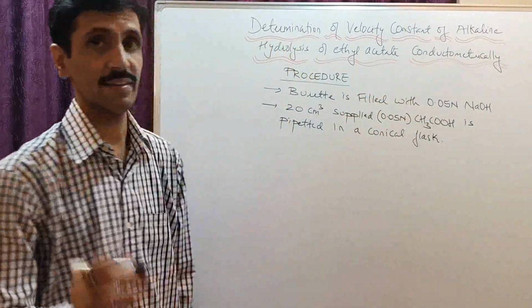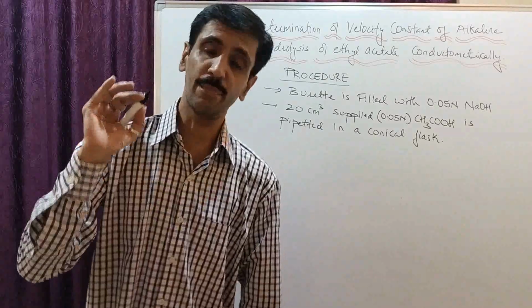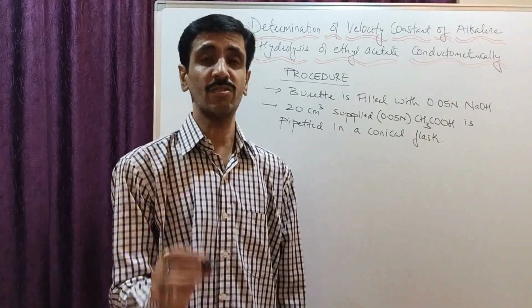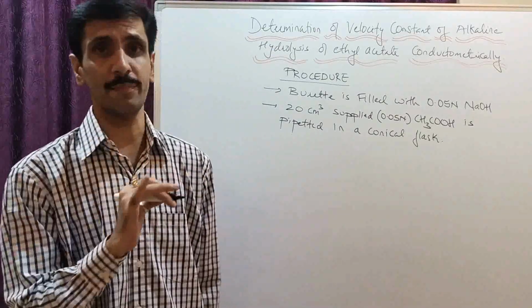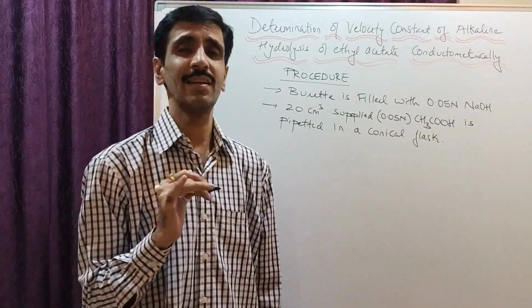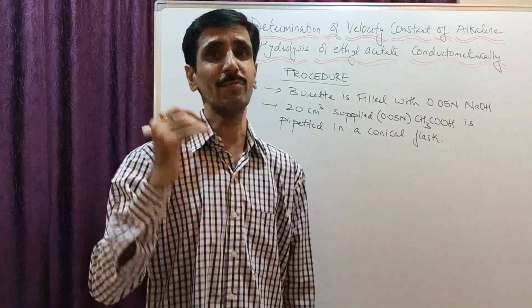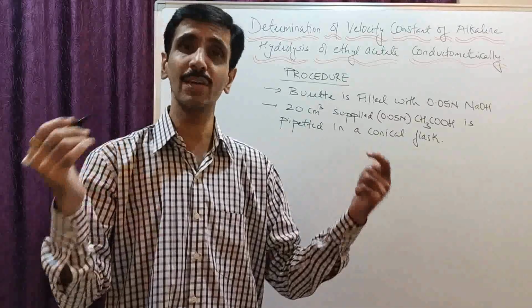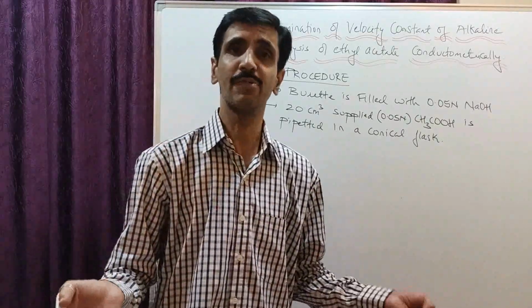Okay, in a conical flask. My dear friends, please be clear, it's a supplied acetic acid. So 0.05 normal is an approximate value, because if you knew the exact normality of both the solutions, then why would we carry out the titration in the first place?